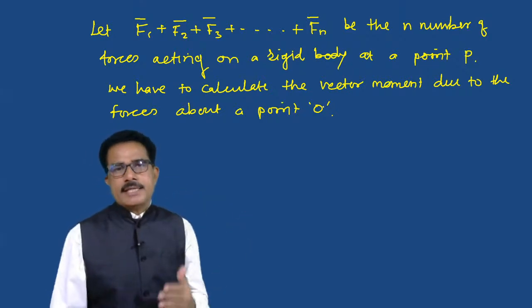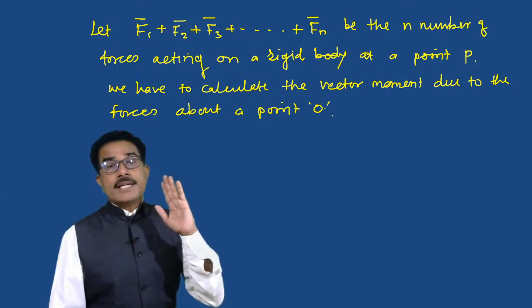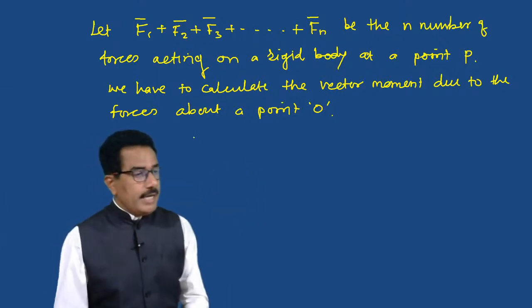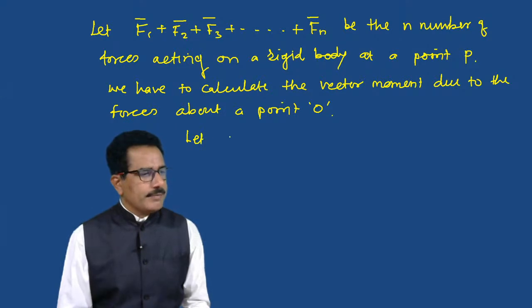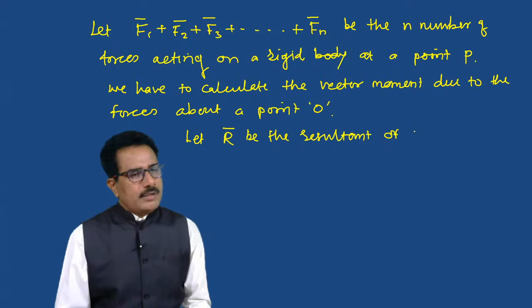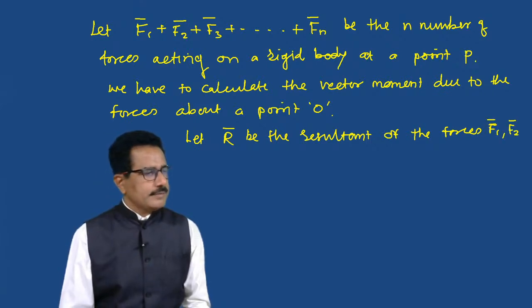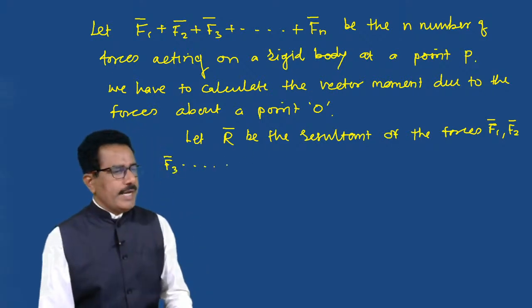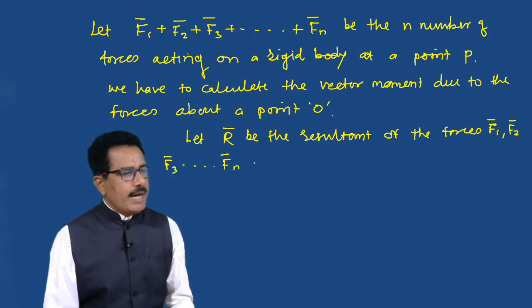Now let us start. Suppose we have to take the resultant of these forces. Now third statement, let capital R bar be the resultant of the forces F1 bar, F2 bar, F3 bar dot, okay, Fn bar.